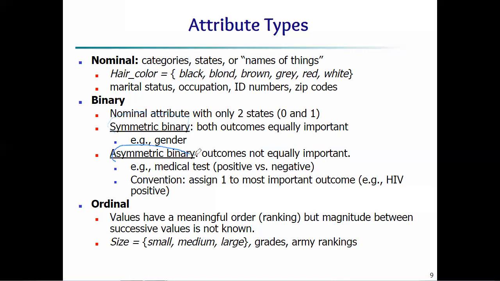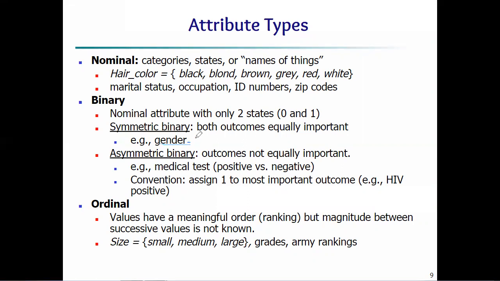So what is meant by symmetric? Symmetric means both outcomes are equally important. This is called symmetric binary. For example, gender. For final year there will be girl students as well as boy students, and you have to fill the examination form.